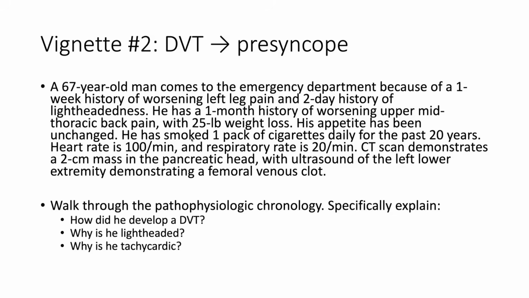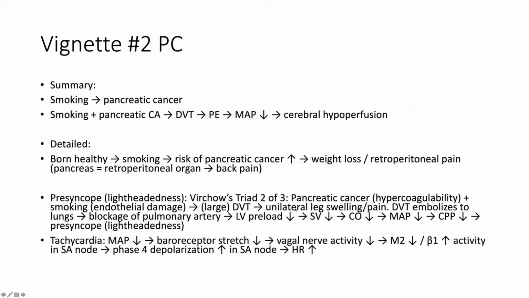The DVT dislodges an embolus, which causes PE, and that PE increases resistance to blood flow. There is decreased cardiac output, which decreases the MAP and decreases the cerebral perfusion pressure. The decrease in MAP also results in activation of the sympathetic outflow because of the baroreceptor reflex.